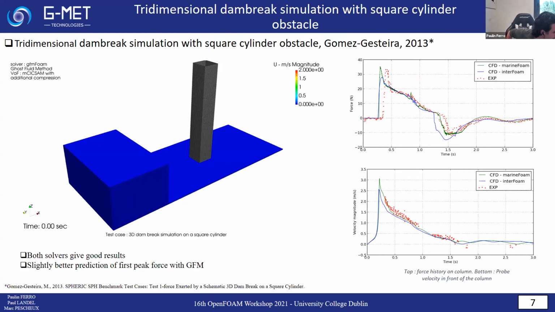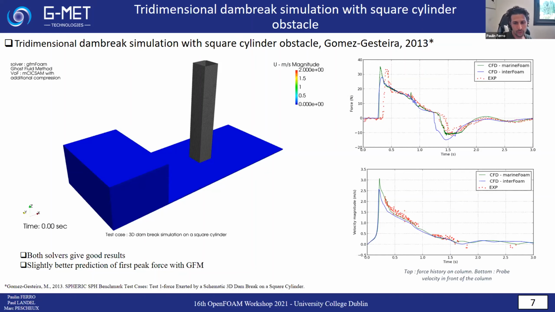Another question, from Joel: any figure on computing time? I guess MarineFOAM is faster, but by how many orders of magnitude? It depends on the application. Here we are working on a very favorable case because it's a displacement hull, a KCS, which is very favorable for both MarineFOAM and interFoam. But if you switch to a planing hull, the difference can be very important in terms of calculation time.